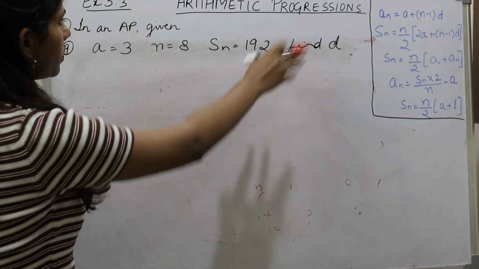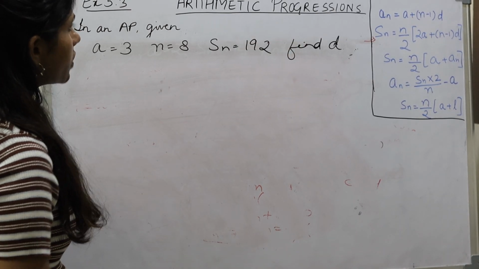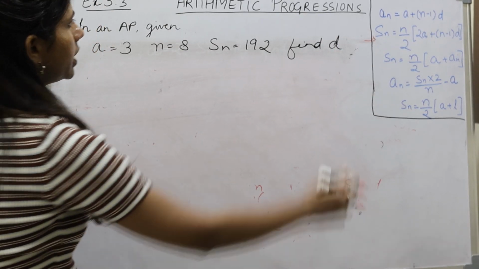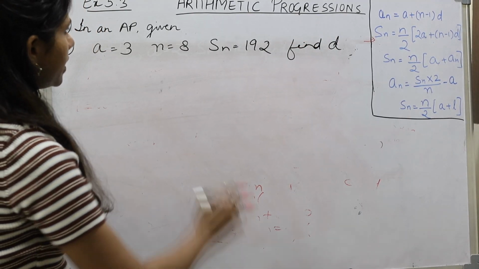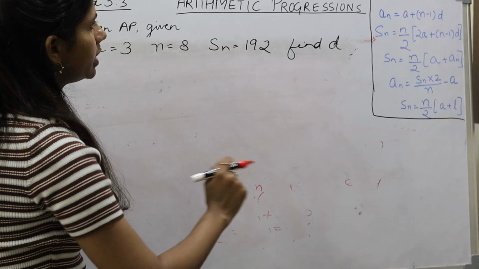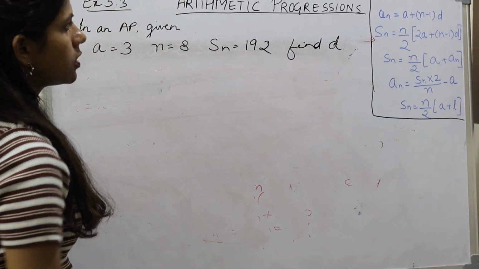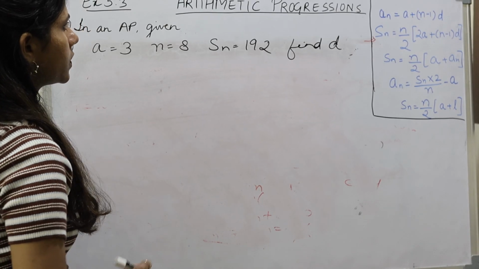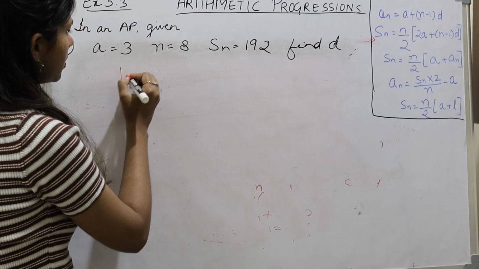So let's see which formula we can use. If we closely observe, if we use this formula, we have the value of n, yes. We have the value of a, yes. We don't have the value of d, but we have the value of Sn. So using this equation, we can find the value of d.